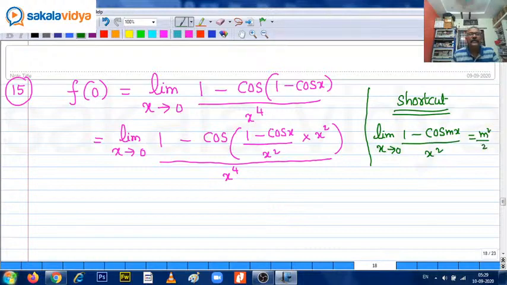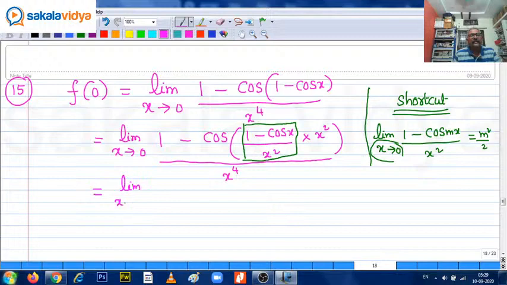So apply the limit for this part only, (1 minus cos x) by x square as x tends to 0. Here the x coefficient is 1, so 1 square by 2, which is 1 by 2. So now this problem can be rewritten.